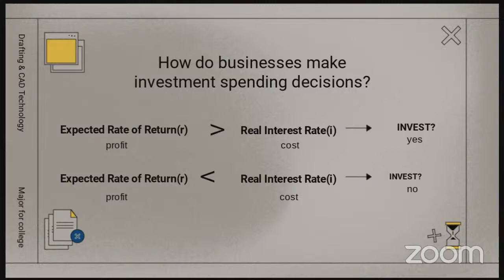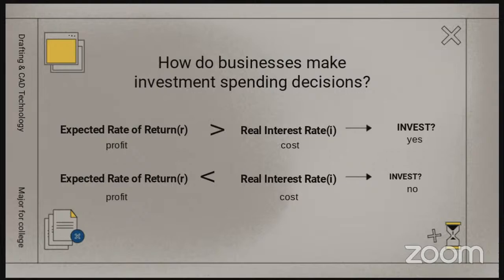What we are looking at here is what we are expecting to earn from some proposed capital equipment purchase, and what it is going to cost to buy that capital, which we normally measure using the real interest rate. So the company compares that expected rate of return, which means the profit, to the real interest rate, or the cost of buying the capital.